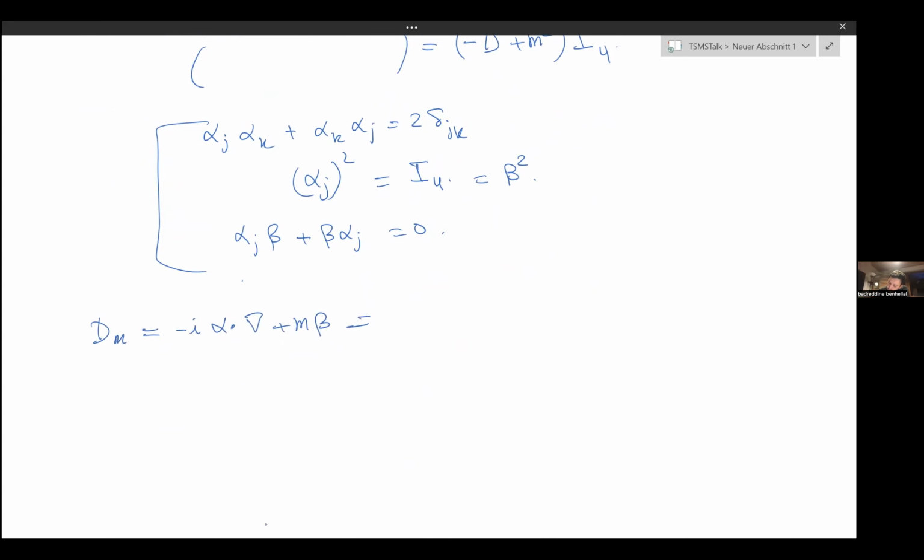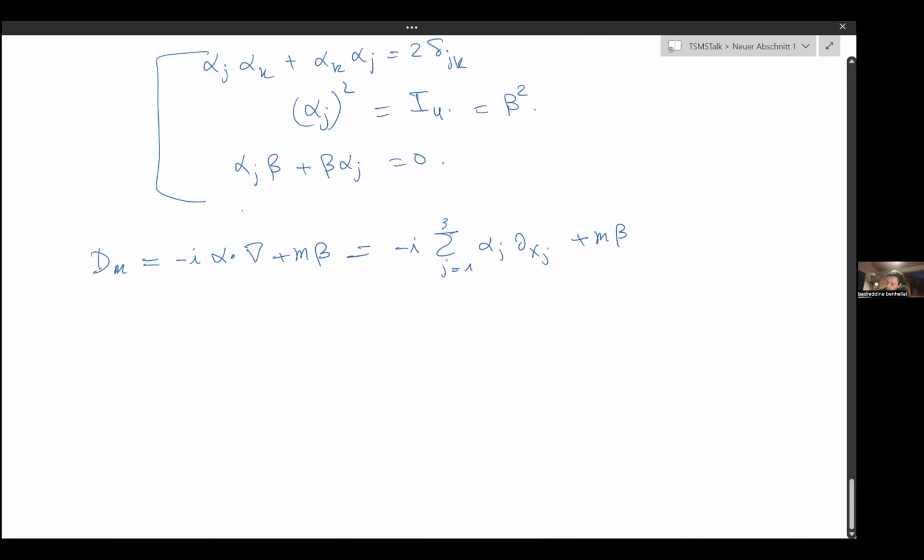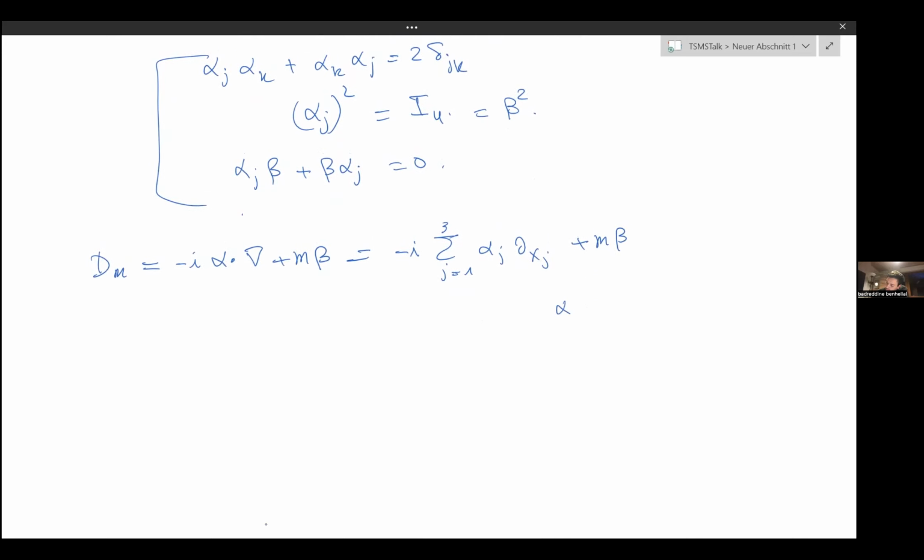This means that we take the sum from 1 to 3 of alpha_j d_xj plus m beta. Whenever we have, for example, a vector in R3, then this means alpha_j, x_j.